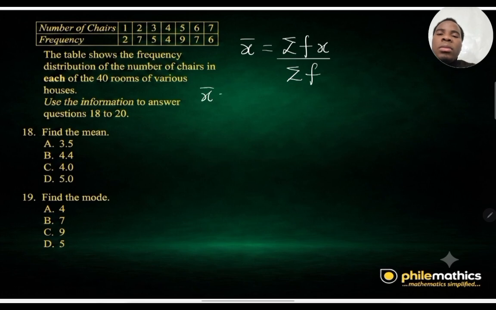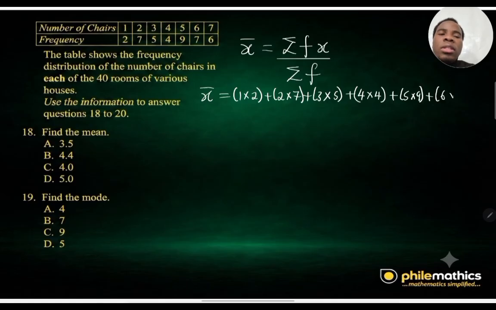Our mean will be, if we take the product, 1 by 2 plus 2 by 7 plus 3 by 5 plus 4 by 4 plus 5 by 9 plus 6 times 7 plus 7 times 6. Then we divide it with the sum of the frequency. We already told that we have 40 rooms, so the frequency is over 40.